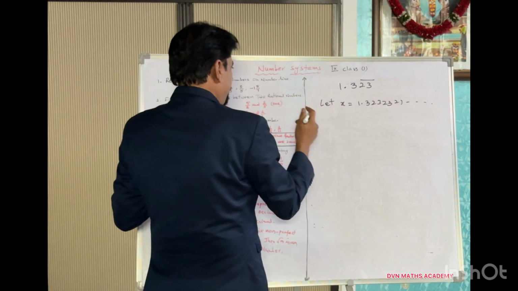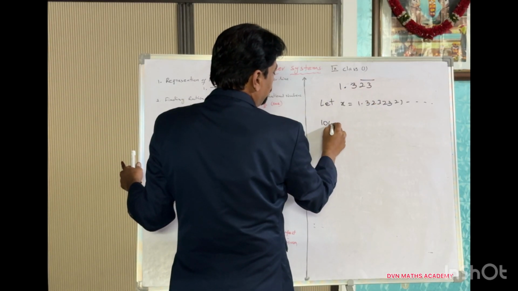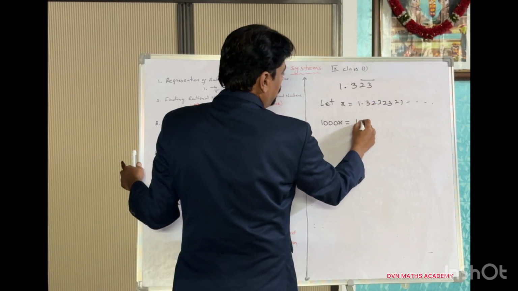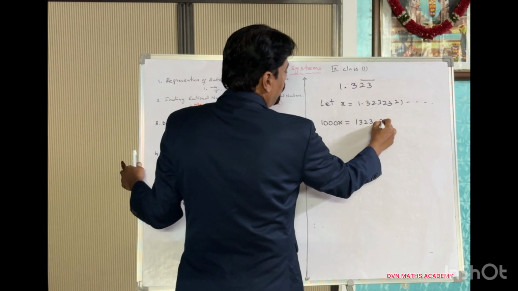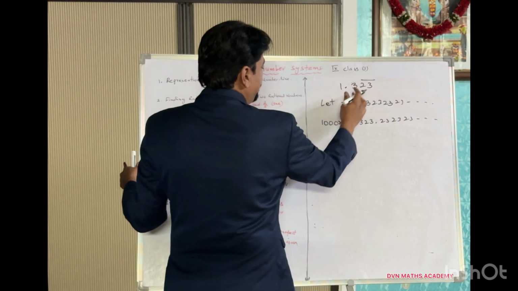Now you take 1000x, the decimal will move 3 places, which means 1323.232323 bar.